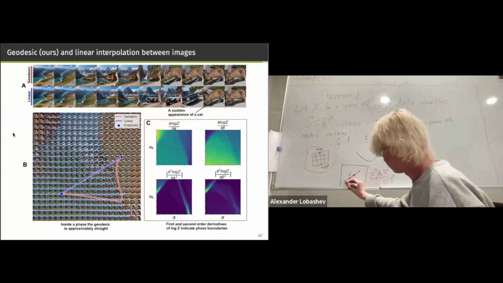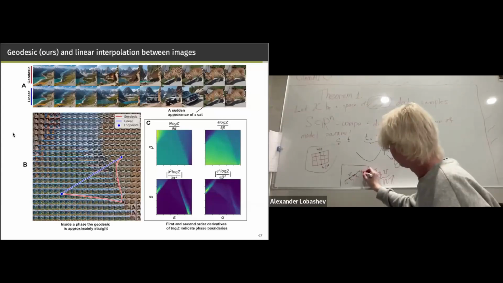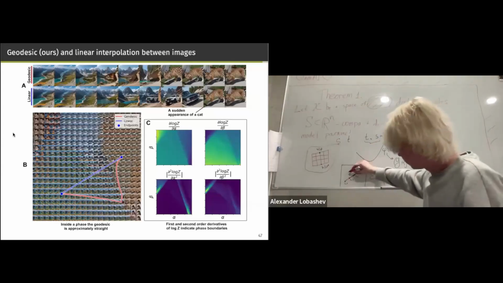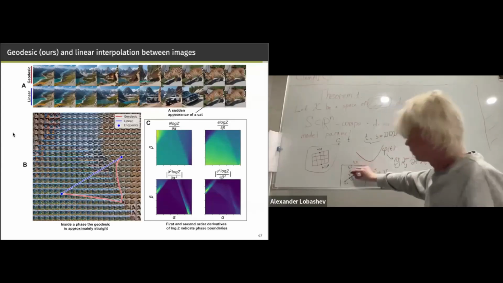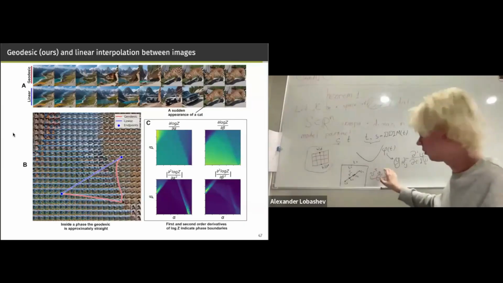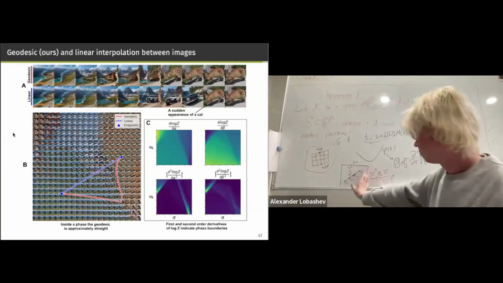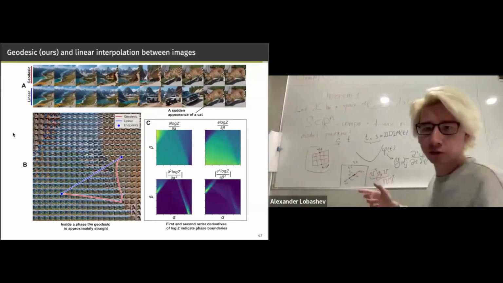So this is, for example, T0, T1, T2, T3, and vector V is just T2 minus T1. So I put it here, and my length is just a differentiable function of my points, and start and end points are fixed.